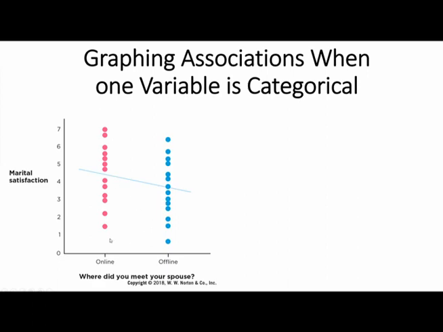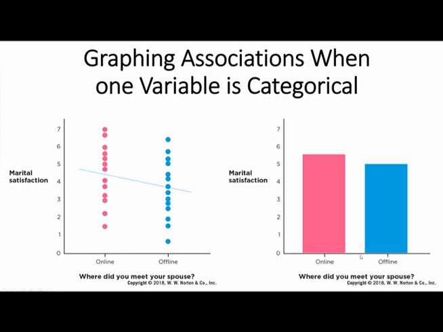But this is not what you're usually going to end up seeing. In most cases, you're going to see something like this, where you can plot these results as a bar graph. So our categories are down at the bottom here, and instead of having the full range of the data, you end up reporting the group mean or the average. And sometimes if it's a really good paper, they could include something like error bars to show us how much of a spread there is of the data, to give us a better feel for what the data actually looks like.